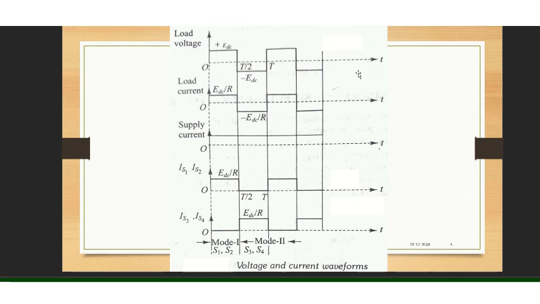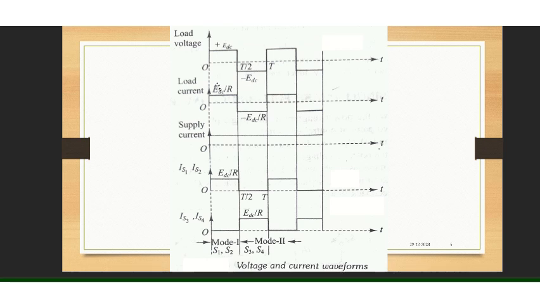Similarly, the current will be positive for the time duration 0 to T by 2, and negative between T by 2 to T. The current value will be EDC by R, and here it will be minus EDC by R. Obviously, the magnitude is less compared to the voltage, because it is EDC by R for current. This is a typical square wave output for single phase bridge inverter.